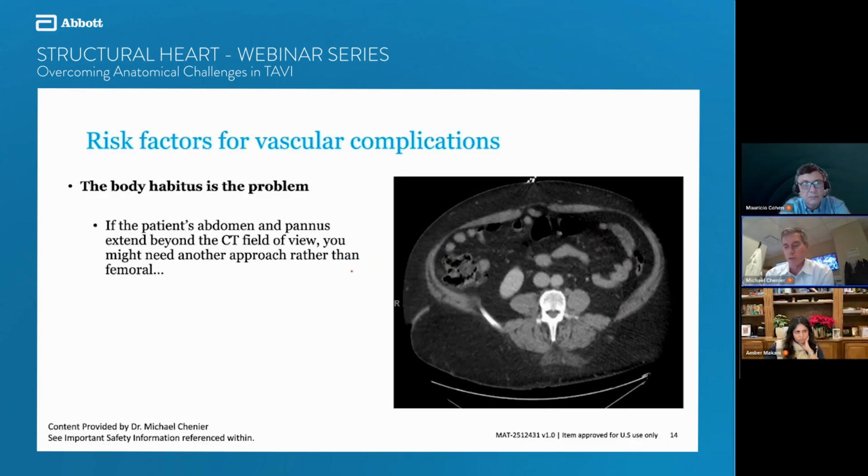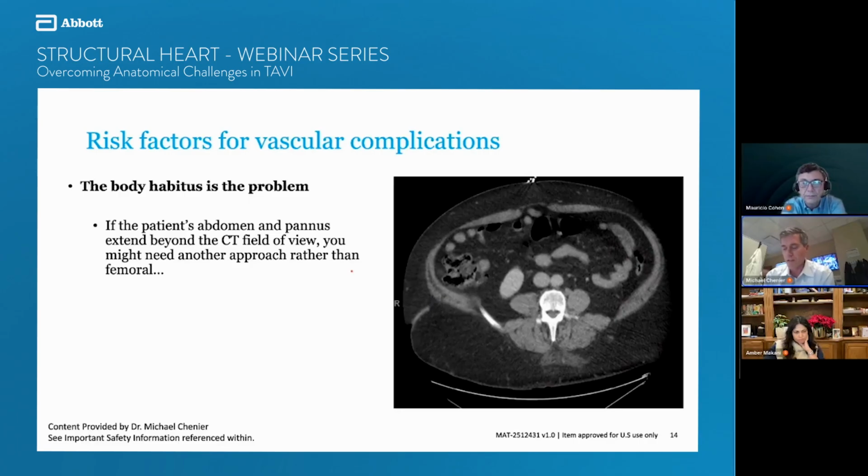But Mauricio and Amber, before we go on to the next slide, I'd pose two questions to you, and maybe you can chime in. First, for really heavily calcified femoral vessels, how do you adjust your approach to prepare for the large sheath going in, and then when it's coming out?